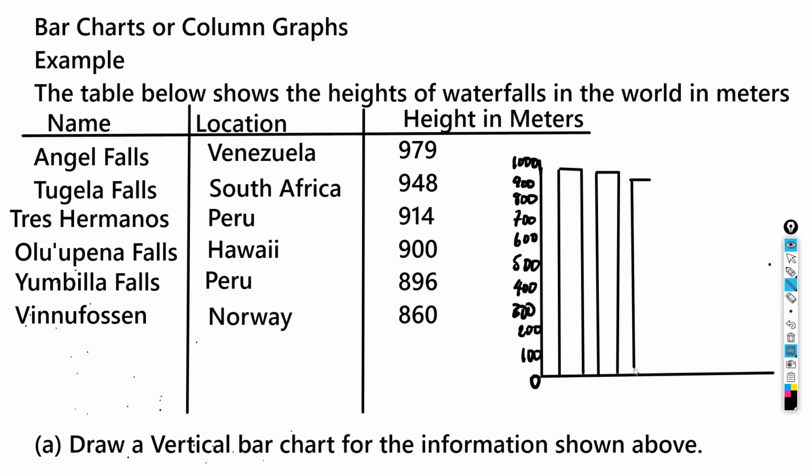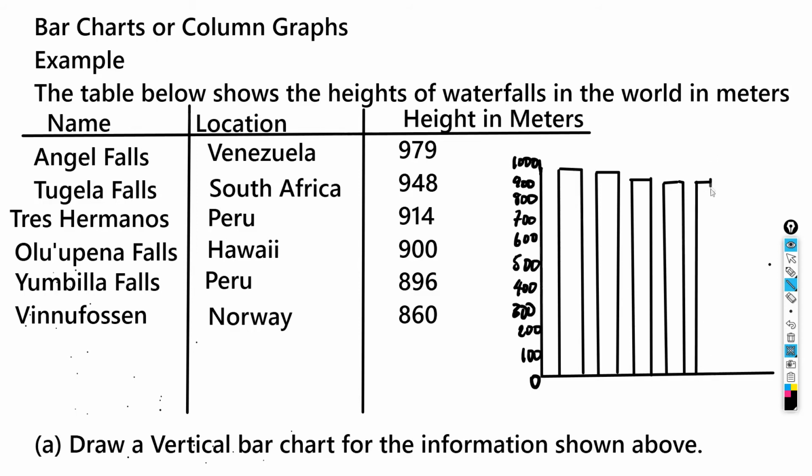And the next one is 900, which is about here. Around the same place, guys, but not exact. And we could actually draw this in a different way, but I'm going to show you that later on when we're doing other graphs. Then we'll have 896, which is almost the same as this one.